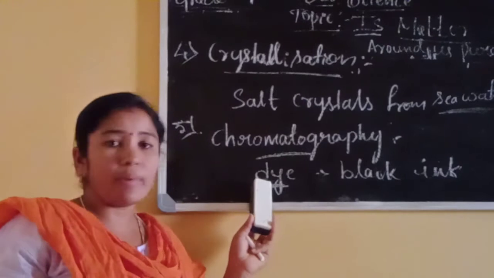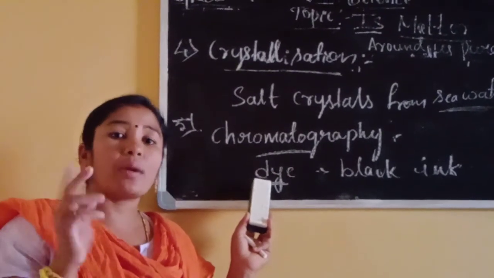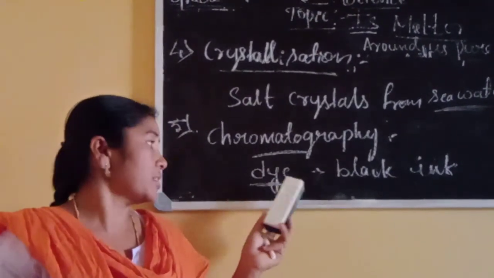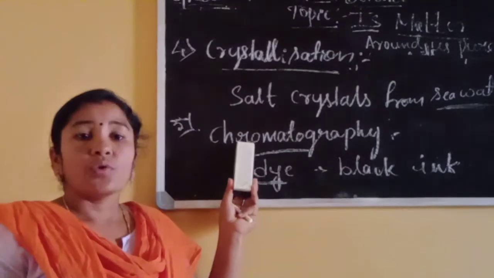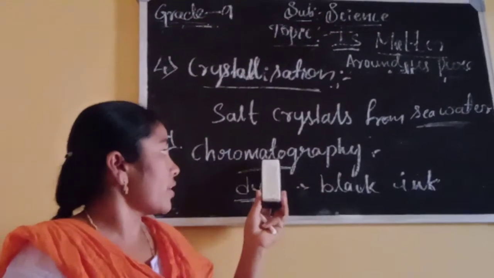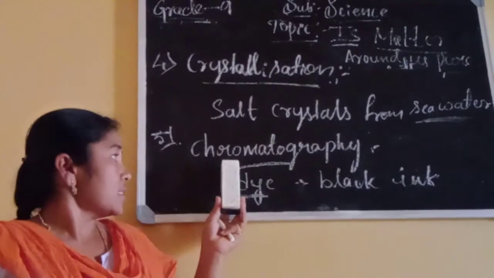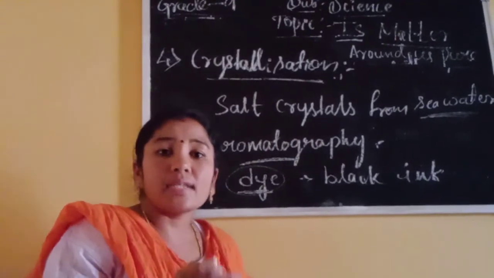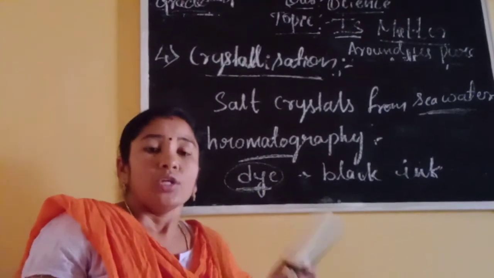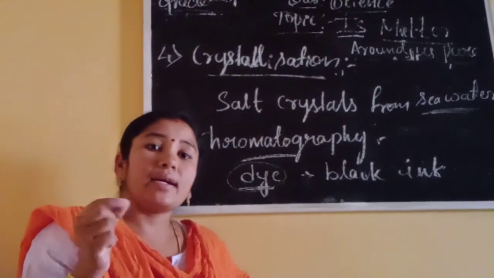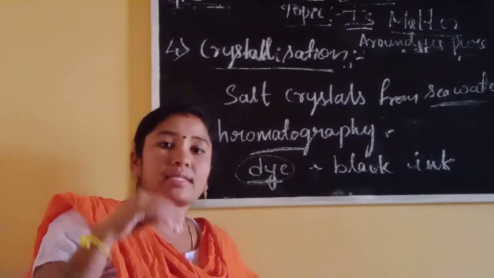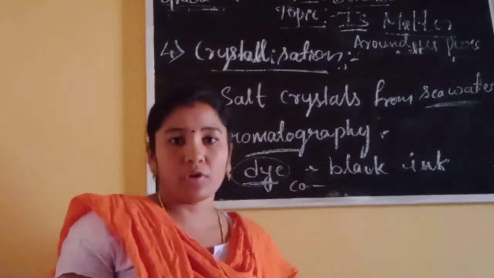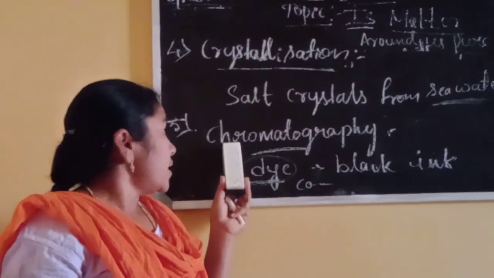Dear students, you know about dye. Dye is a mixture of two or more colored substances. To separate those colored substances, we have to use the chromatography technique. Dye means two or more colors mixed in that water. Due to heat, the water content gets evaporated, then the colors only will be left over. This is the method of chromatography.